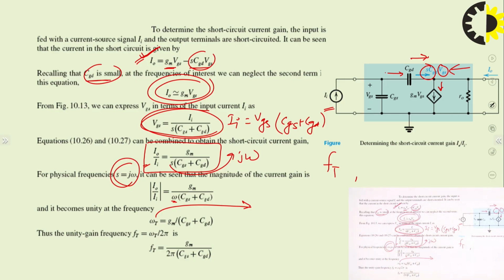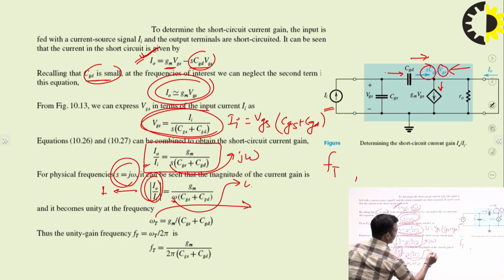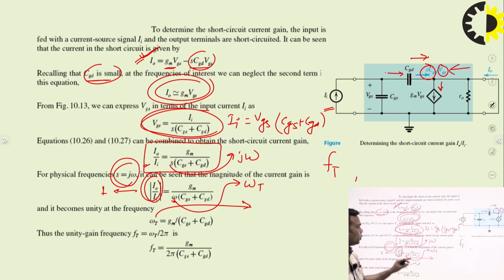When the gain becomes 1, this factor will become equal to 1 and omega will be denoted as omega T, which is nothing but the unity gain frequency. So you can find that omega T is equal to gm upon (CGS plus CGD).